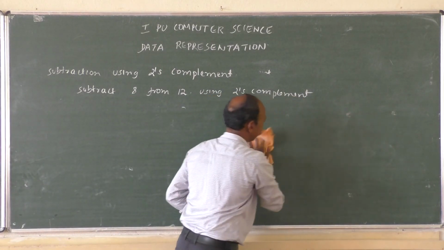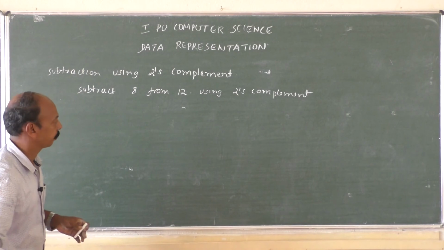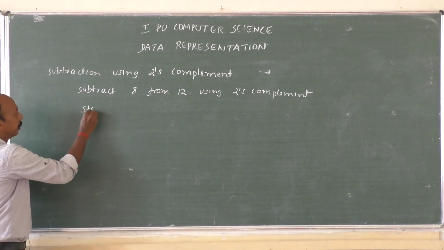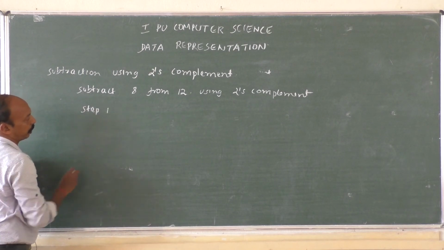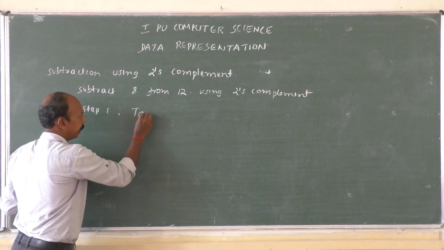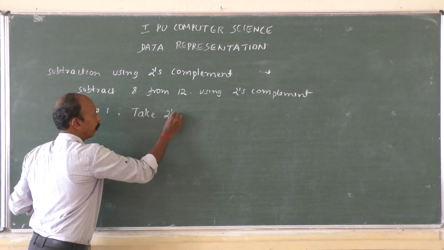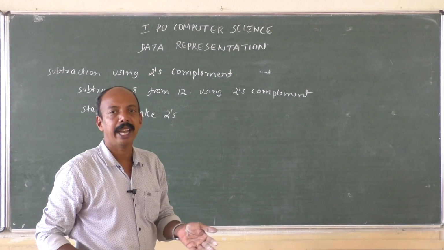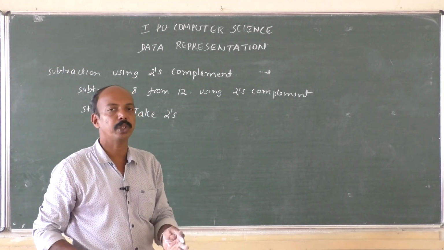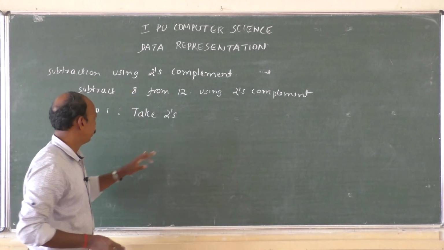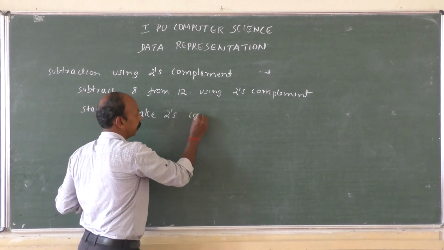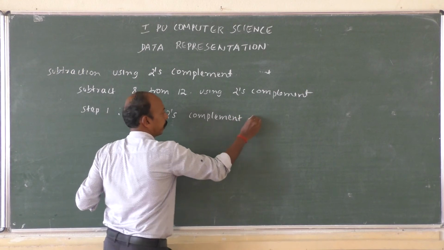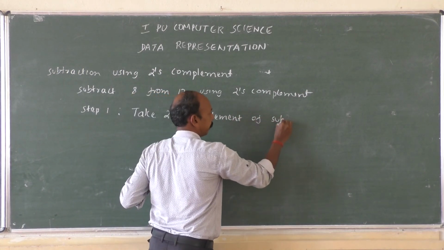We can write the steps here as follows. Step 1: take 2's complement, or what we can write, take 1's complement of the subtrahend, add 1 to that, which is equal to 2's complement. In a single sentence we have written that, take 2's complement of subtrahend.